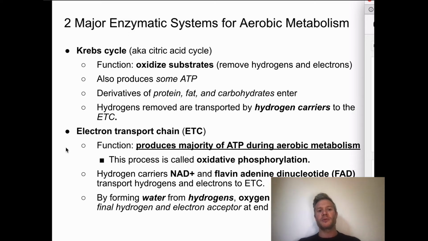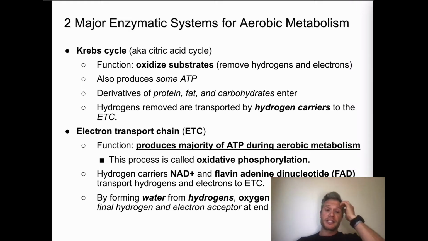So again, Krebs will produce quite a few of these. We get two at least from our glycolytic system, and that will get shuttled over to the electron transport chain. Okay.